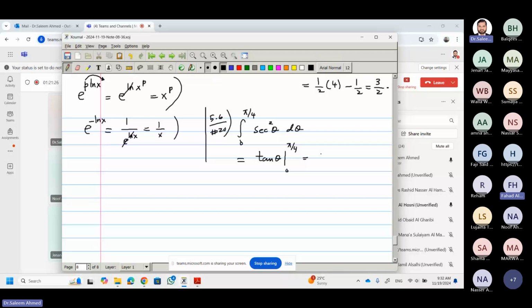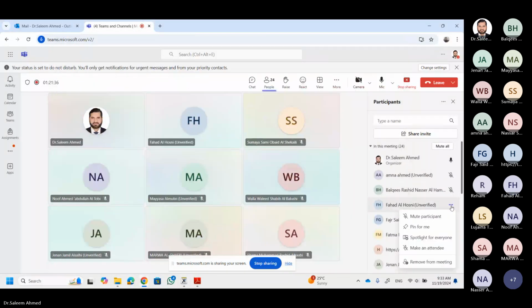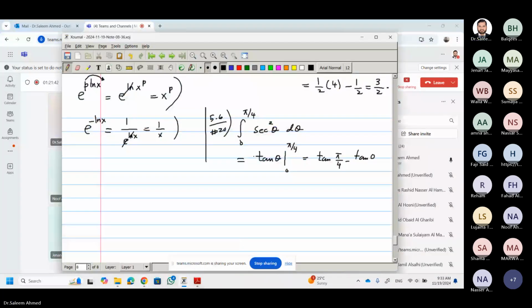So if you put pi by 4 inside, it becomes tangent pi by 4 minus tangent 0. So tangent pi by 4 is 1 and tangent 0 is 0. So the answer is 1.